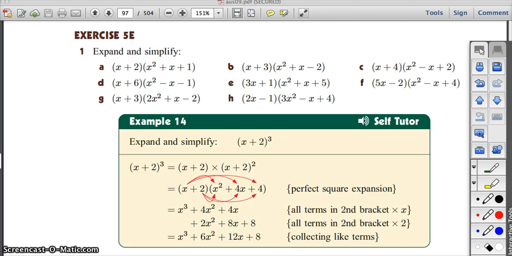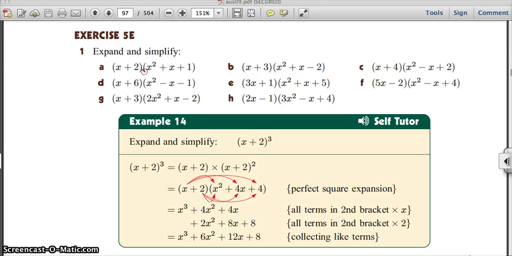Now I'll go relatively quickly. If I'm going too fast, you pull me up. So we know that we have a multiply in there. Everything in this bracket has to be multiplied by everything in this bracket. So the x has to be multiplied by the x squared, then multiplied by the plus x. Remember, the sign goes with the number.